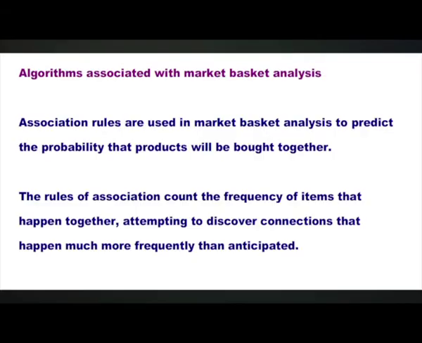What are the algorithms that are associated with market basket analysis? Here are a few. Association rules are used in market basket analysis to predict the probability that products will be bought together. The rules of association count the frequency of items that happen together, attempting to discover connections that happen much more frequently than anticipated.